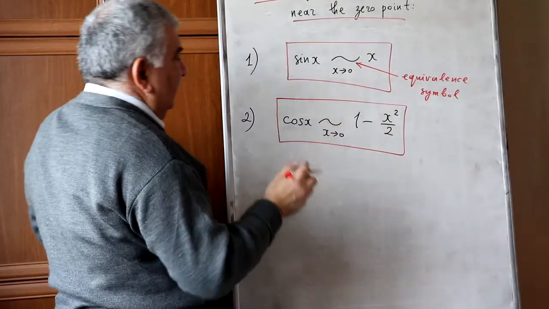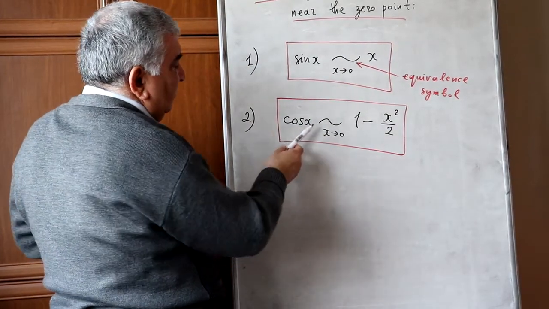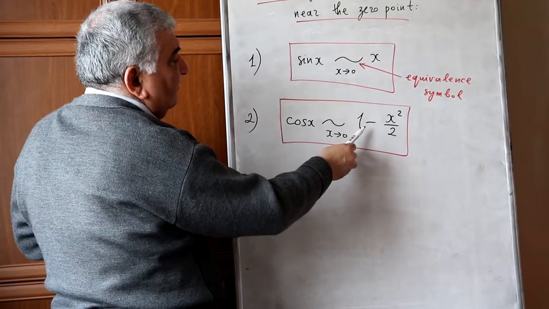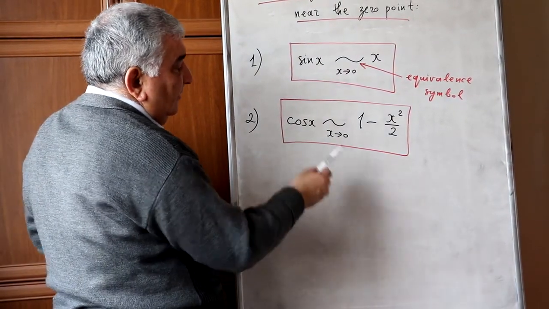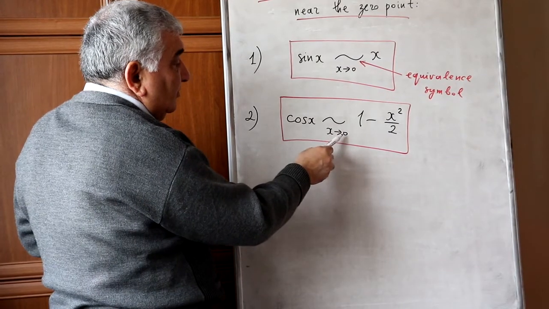In the calculation of limits, we can change cosine x by 1 minus x squared in half, if x tends to 0.